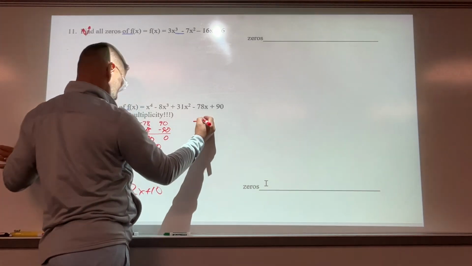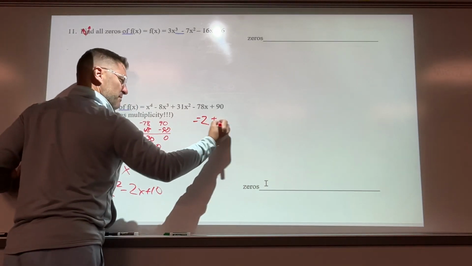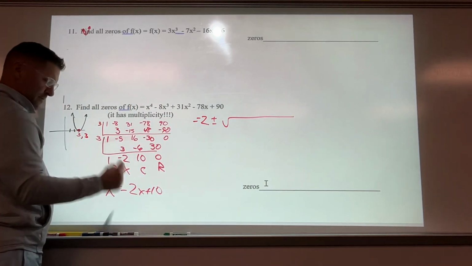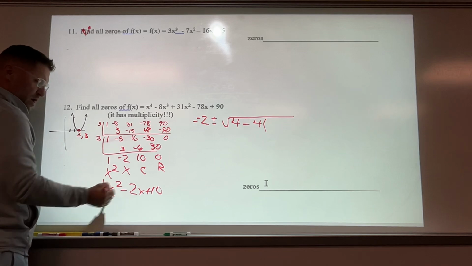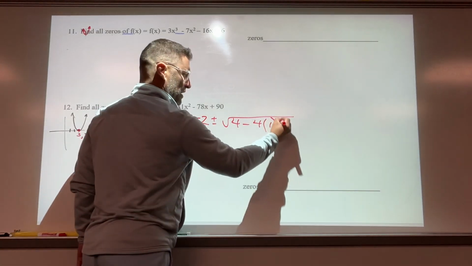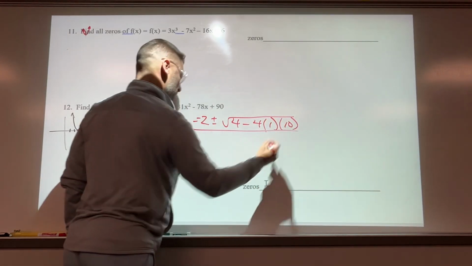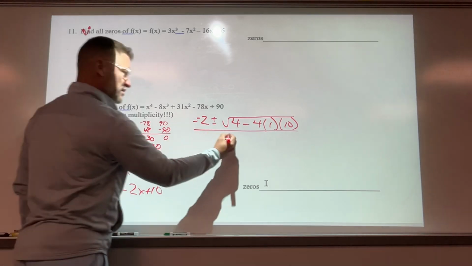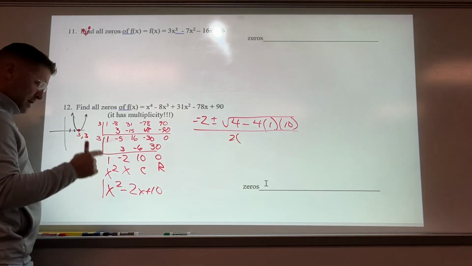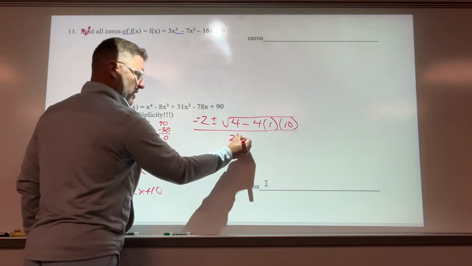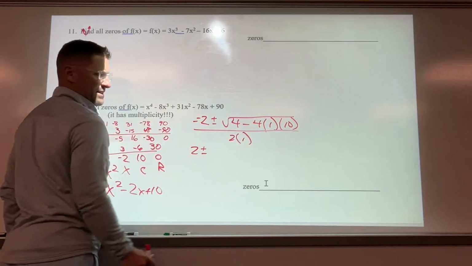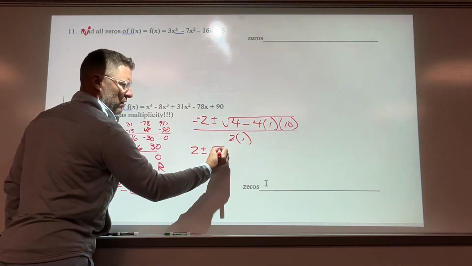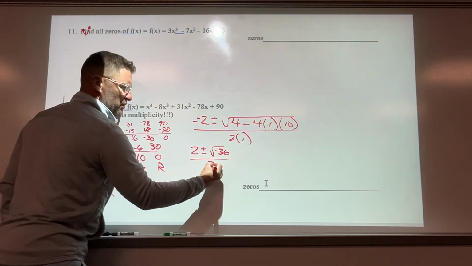So, negative b plus or minus the square root of 4 minus 4 times my a value, which is 1, times my c value, which is 10. Seems like I did this one before. All over 2 times my a value. My a value is 1. So I got 2 plus or minus, that's negative 36 underneath the radical, all over 2.